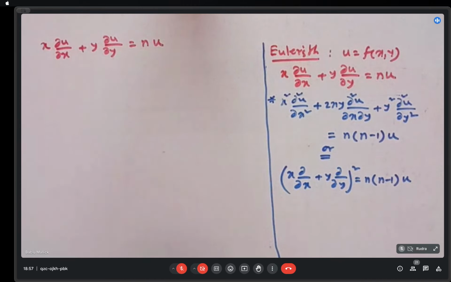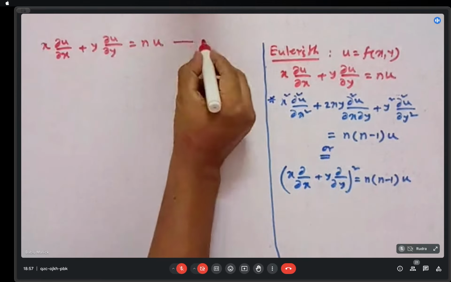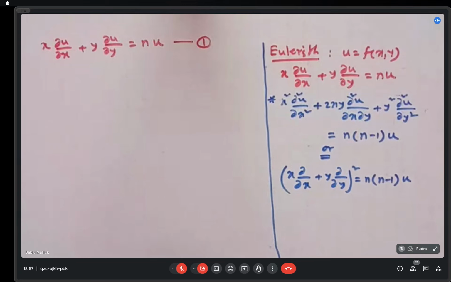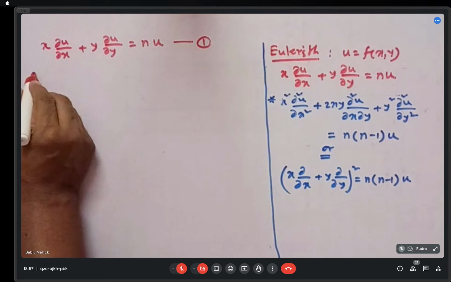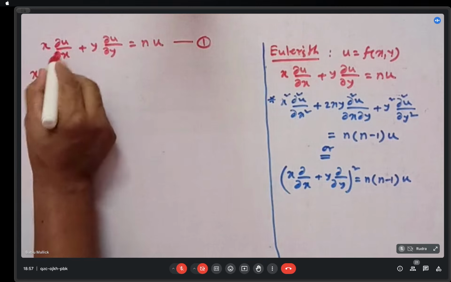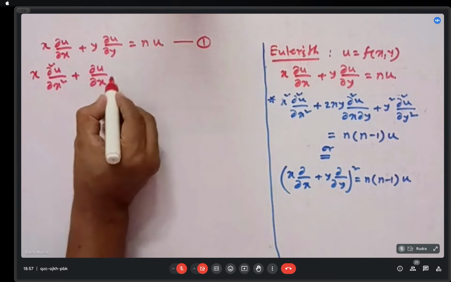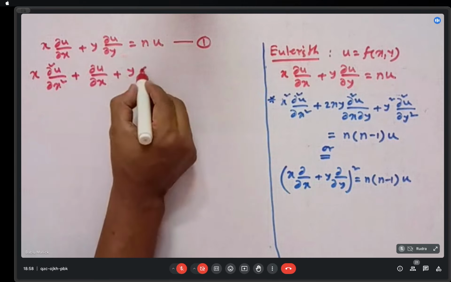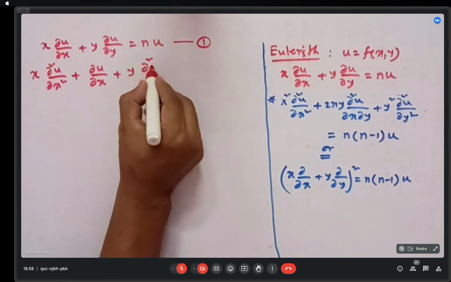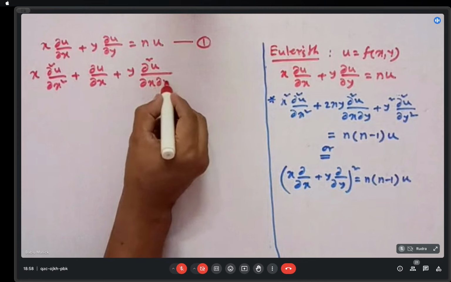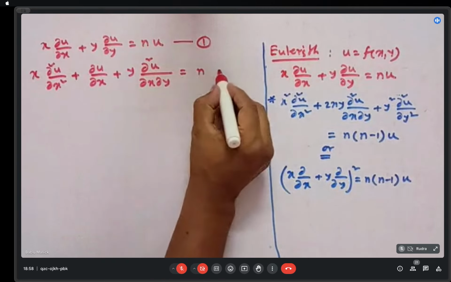Write, differentiating both sides of 1 with respect to x, we get: first x into del 2u del x2 plus del u del x plus y into its derivative del 2u del x del y is equal to n into del u del x.